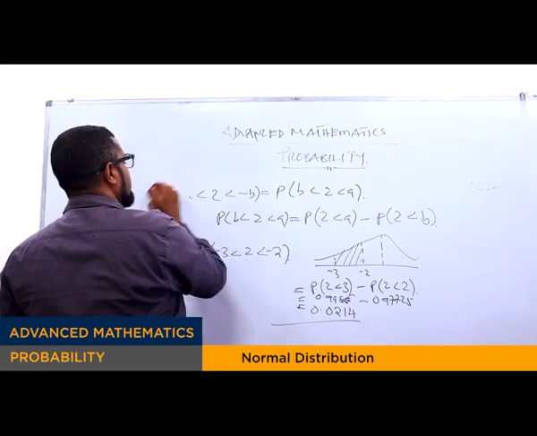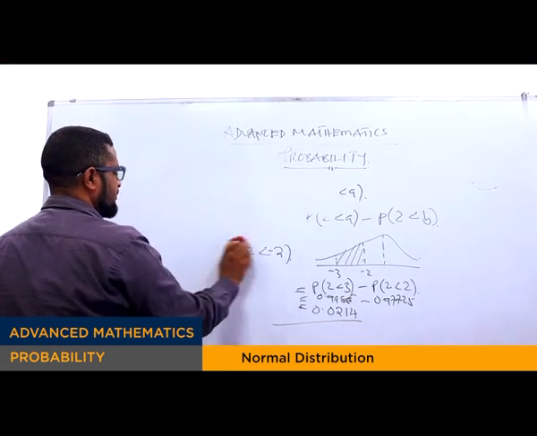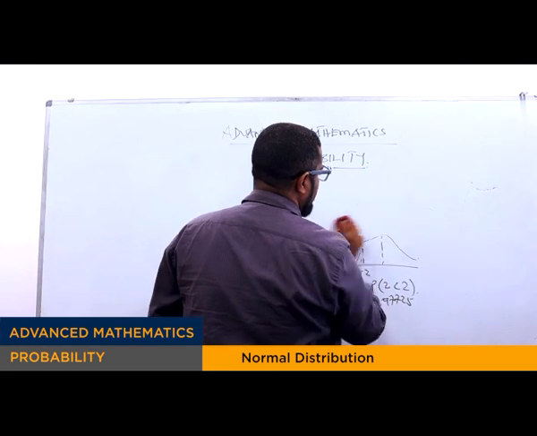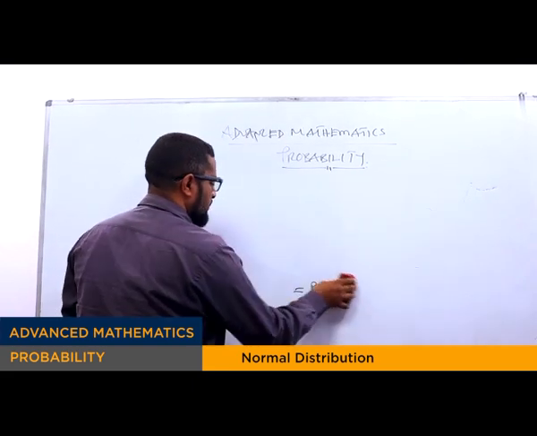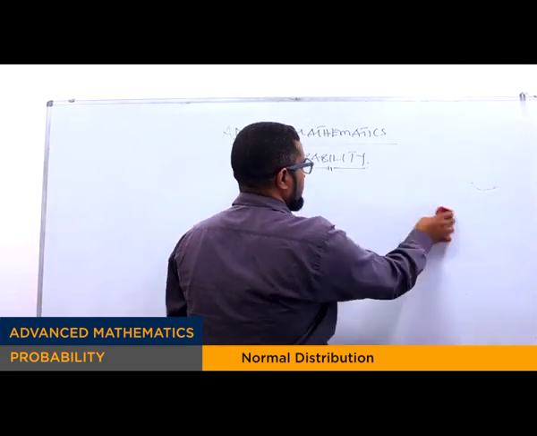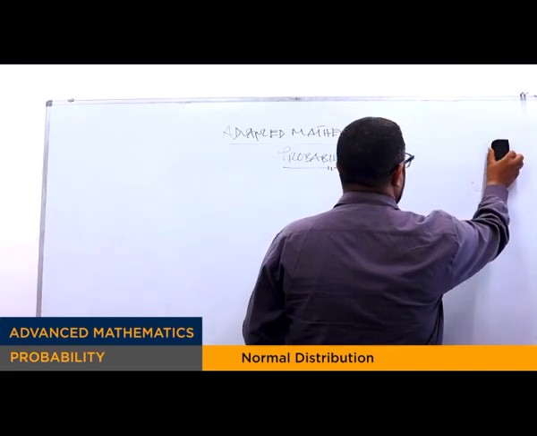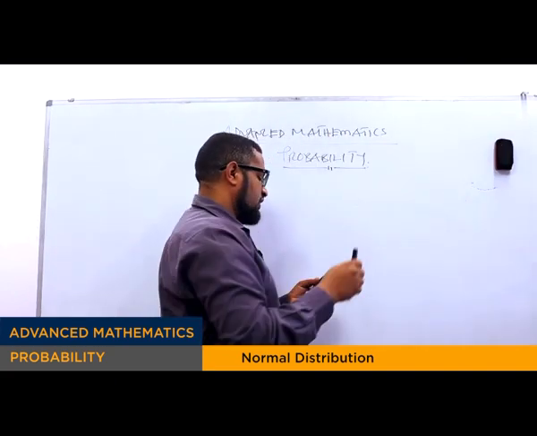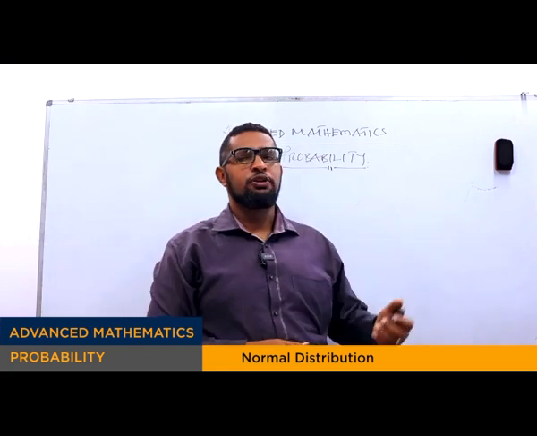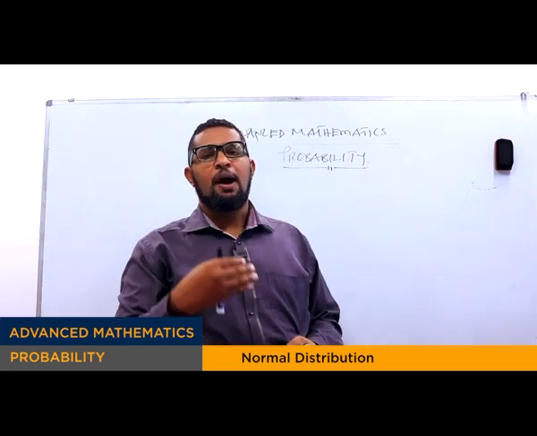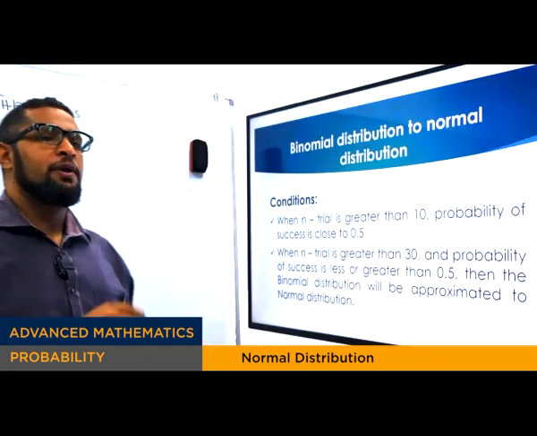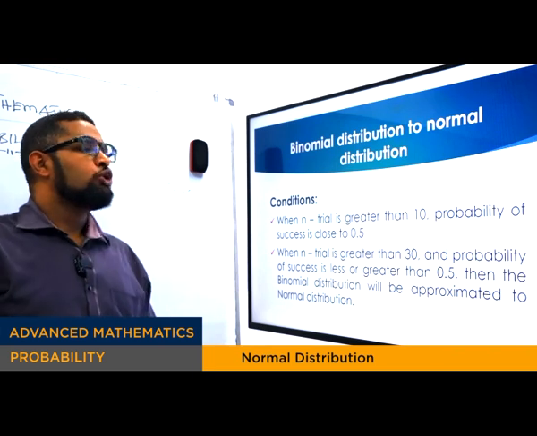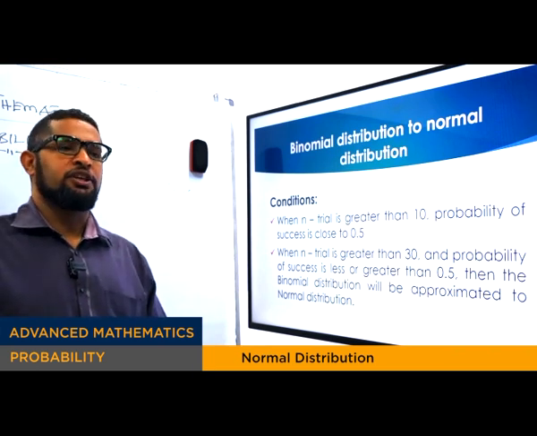In that part, we need to know some conditions. And then we'll see one example. If we have more time, then we'll check other examples. But let's focus on the conditions for approximating binomial probability distribution to normal probability distribution.